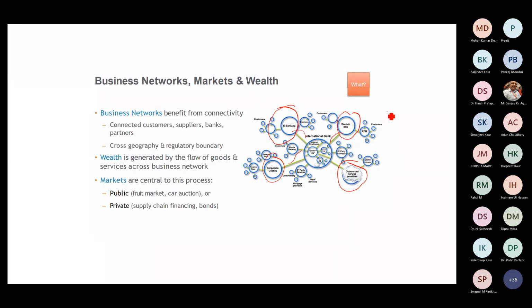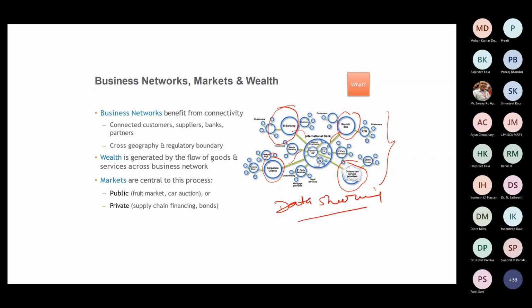The prime purpose of all these connected communities is data sharing, and this data sharing happens through the communication aspect.